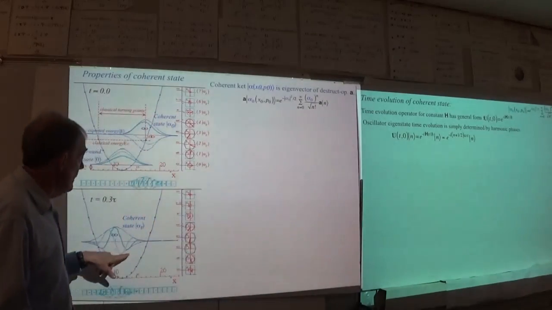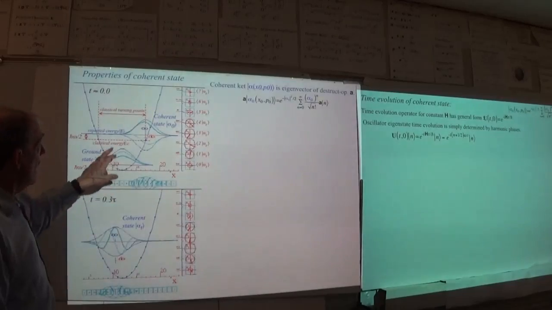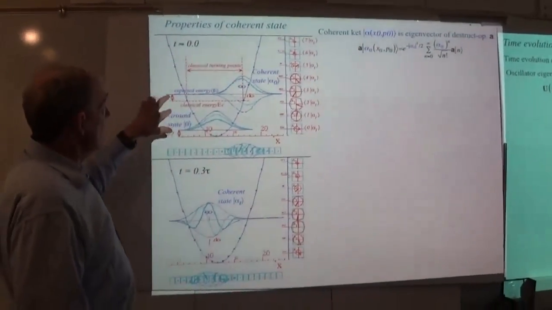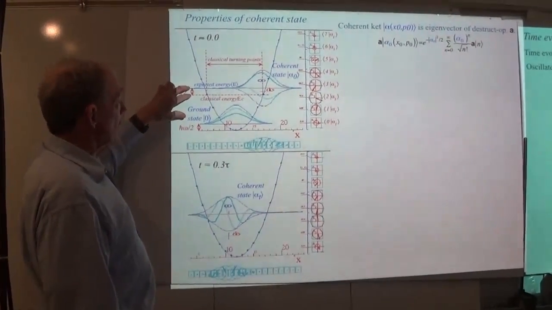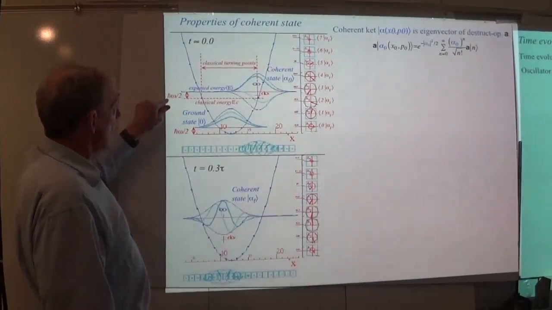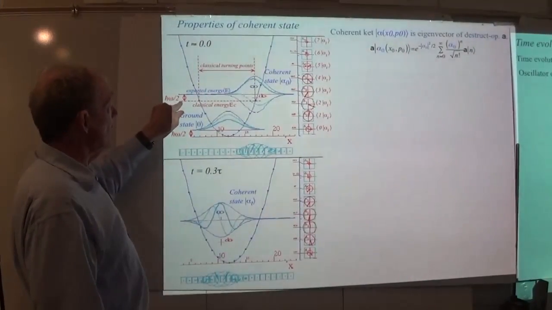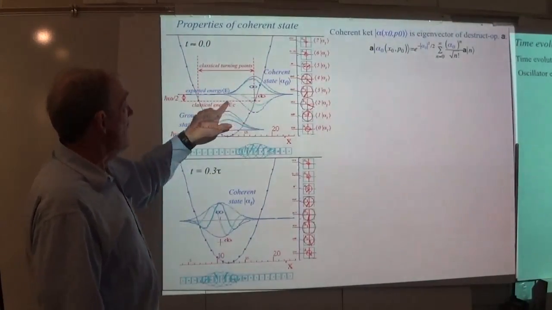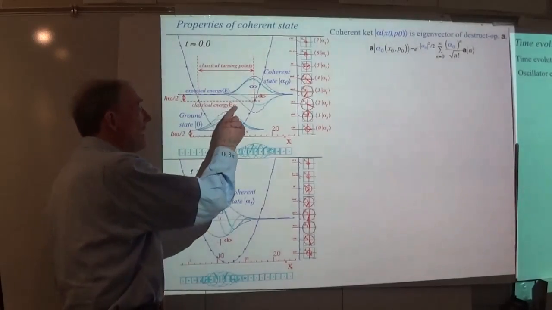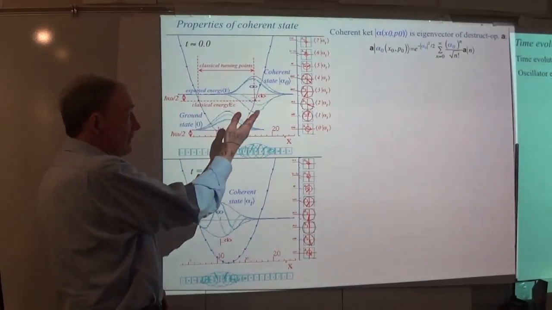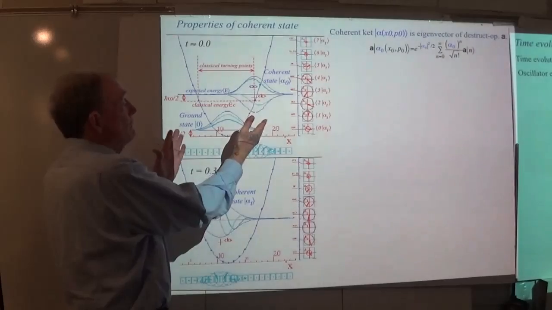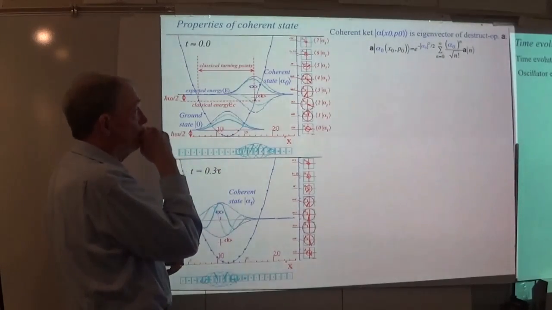This is analog. I can make this thing have any energy I want it to have. And just below that will be that half omega, that zero point motion. Subtract that, and that's the actual classical energy of the oscillator that is being mimicked by this quantum mechanical system.